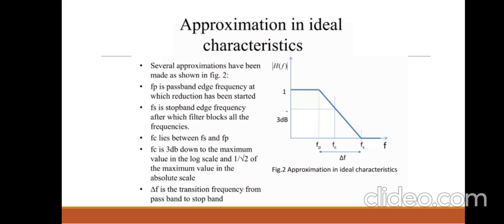The frequency Fp is called the passband edge frequency. The frequency Fs is called the stop band edge frequency, and the frequency in between Fp and Fs is called the 3 dB cutoff frequency. And the region between Fp and Fs is called the transition frequency band.